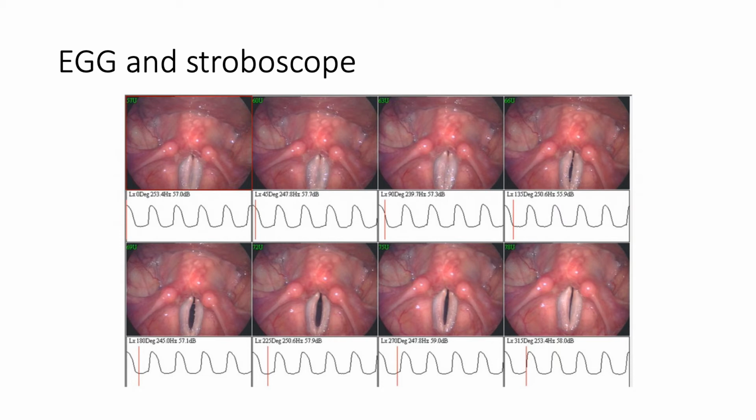And so you can see that where the red line is corresponds to the EGG signal for the stroboscopic image above it. And in this way, we can see through both video and through the EGG signal the changes in the vibration, the vocal folds coming together and apart during the production of modal voice.